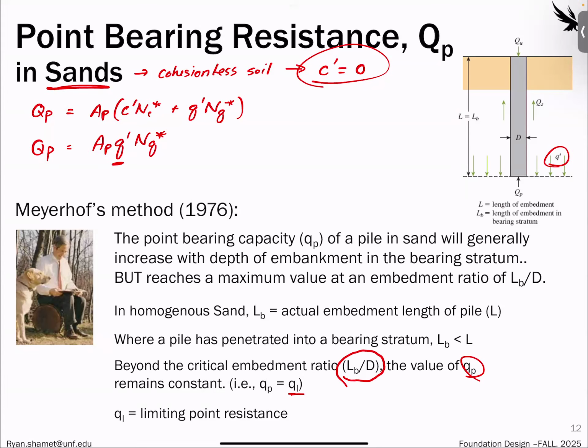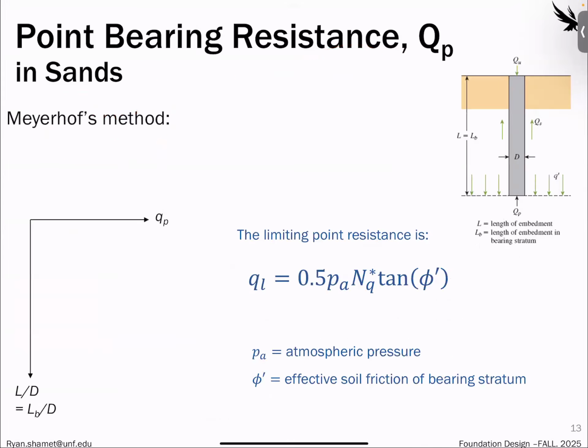So that's why in Meyerhoff's method, which I'm going to show right here, we have to calculate two things and then pick the smallest. So yes, we are going to follow the equation as shown before. We would calculate this as the area of the pile times Q prime, which is the vertical effective stress at the tip of the pile.